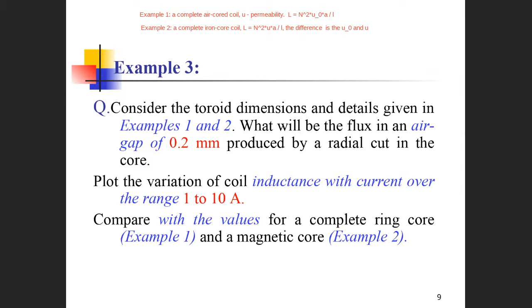The reluctance has different parts: the ring core plus the gap.